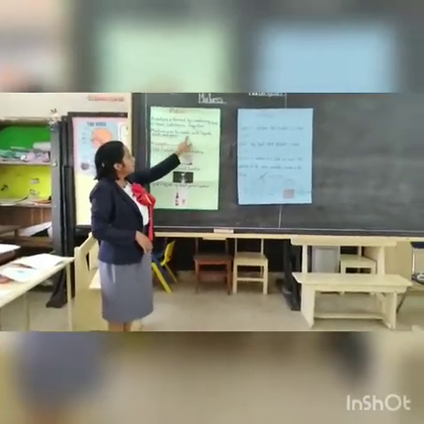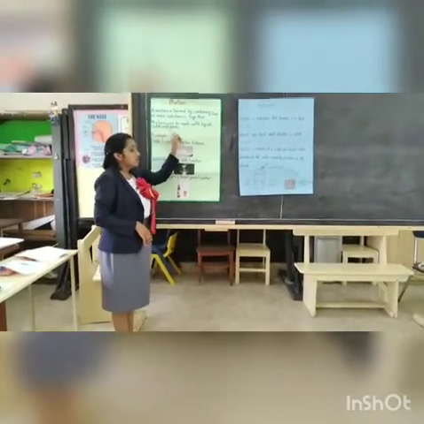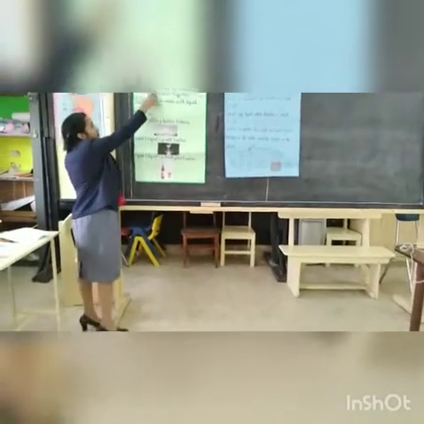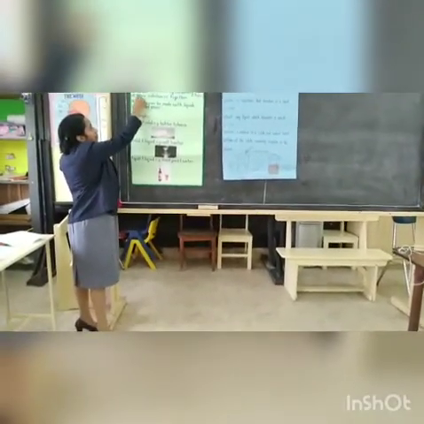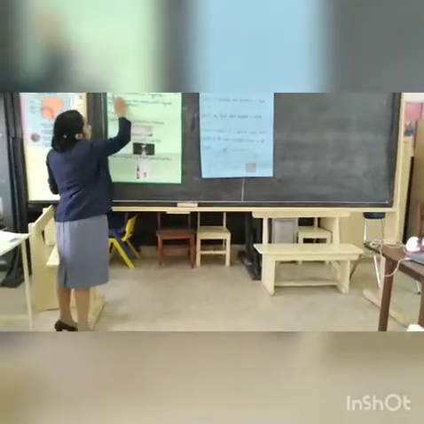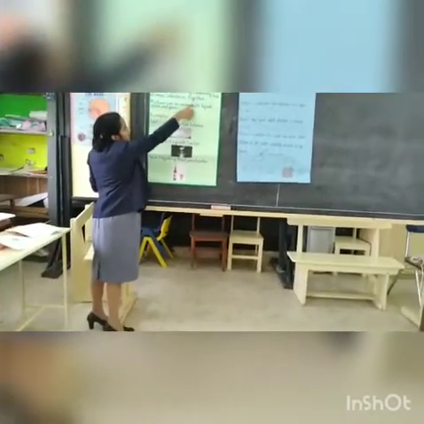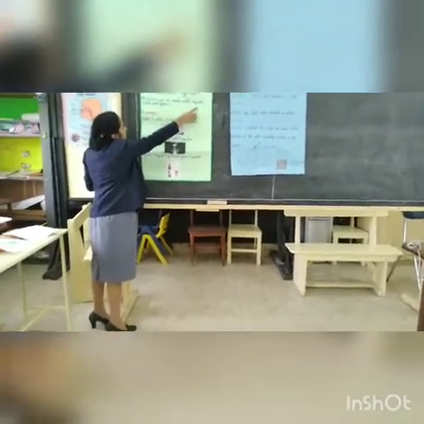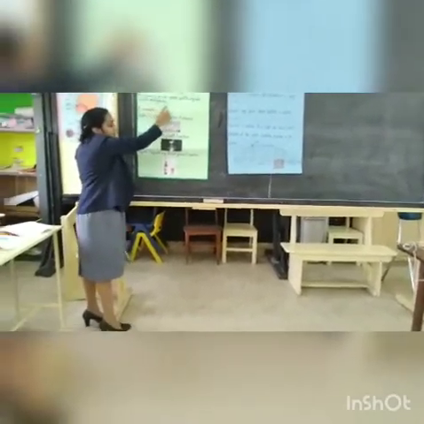Mixtures can be made with liquids, solids, and gases. So you are going to read the teacher now. A mixture is formed by combining two or more substances together. Mixtures can be made with liquids, solids, and gases.